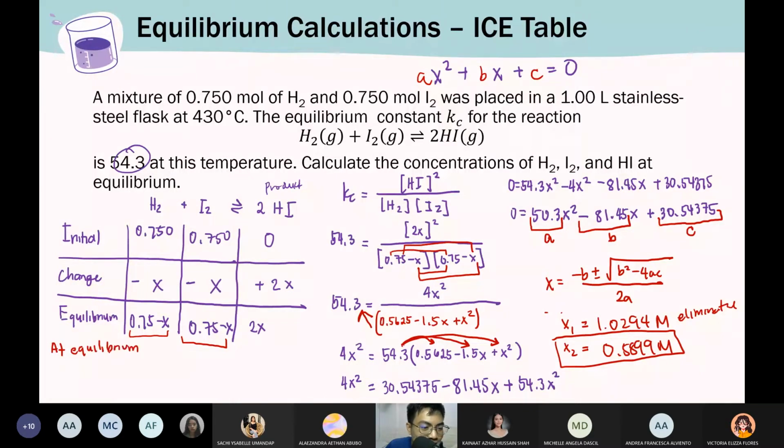At equilibrium, the concentration of H2 and I2 is equal to 0.75 minus 0.5899, which is equal to 0.1601 molar. So yun yung concentration nila after equilibrium. 0.1601. And then the concentration of HI is equal to 2 times your 0.5899.